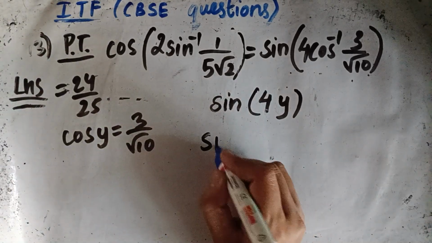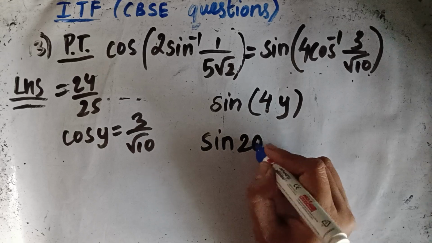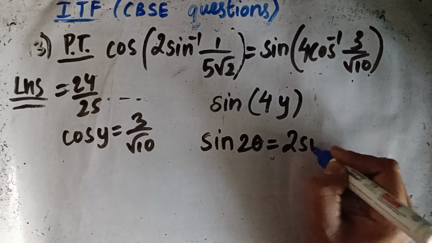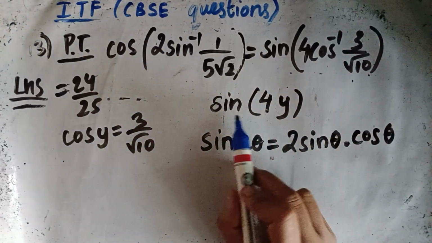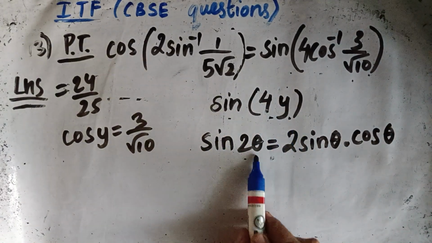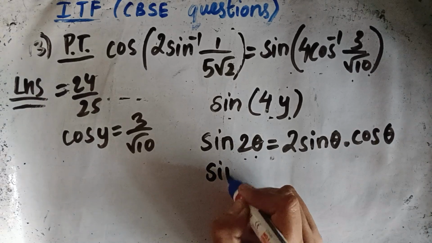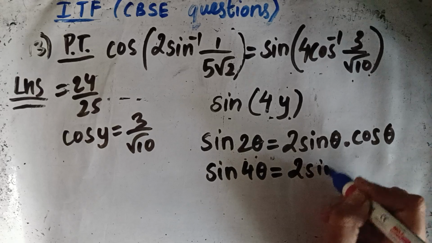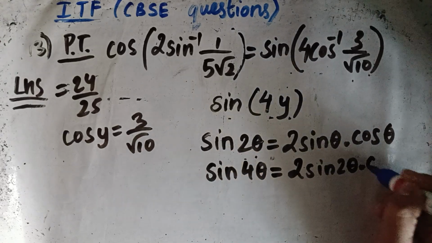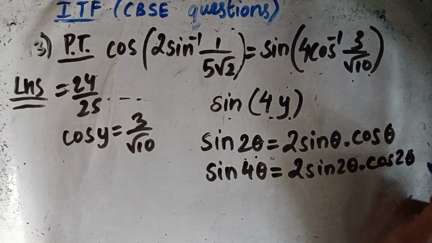Because we are going to use the sine 2 theta formula, which is 2 sine theta into cos theta, and we need sine of y. So we have to double this angle. So sine 4 theta will be 2 sine 2 theta into cos 2 theta.